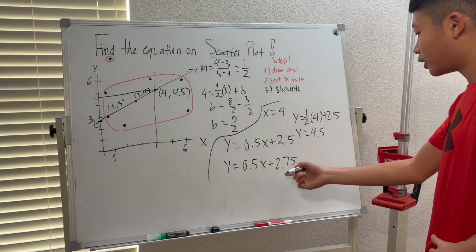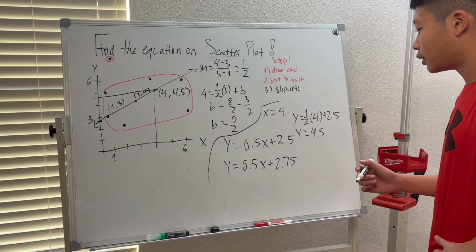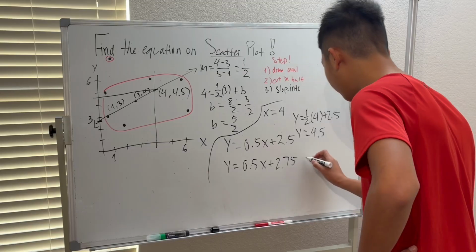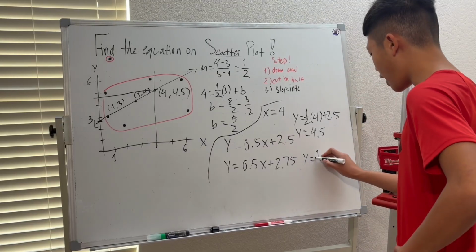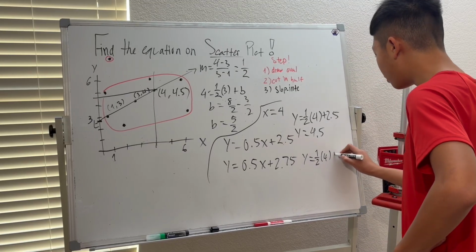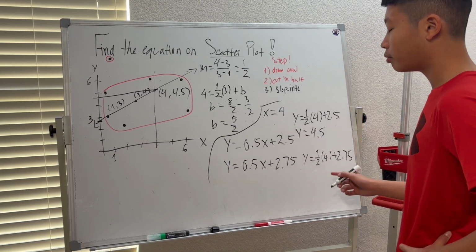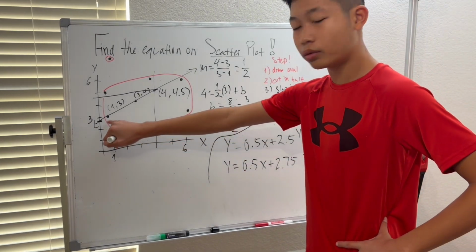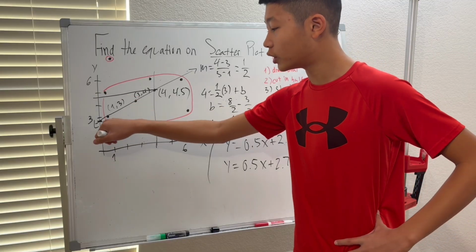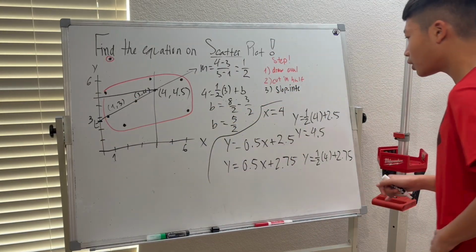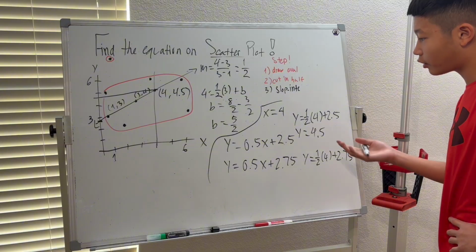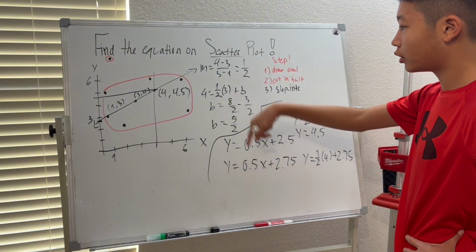Let's plug in 4 right here, you get half of 4. But this time, we're going to add 2.75, a little bit higher, because the y-intercept as we draw is about right here. But if you want to get it accurate, you should do this one right here.